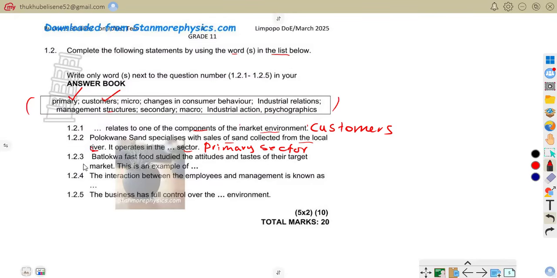Let us go to 1.23. Barokwa fast food studied the attitudes and taste of their target market. So this is an example of what? We are given this list. In this list, you can see that A, psychographics, is the correct answer.